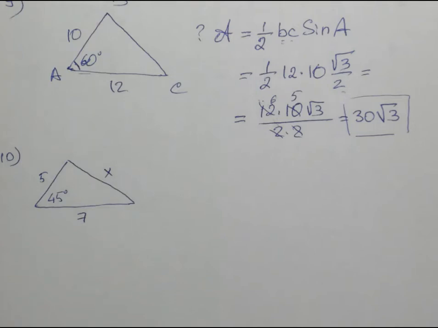And one more triangle. Again, we know two sides and the angle between them, and we want to find the third side. It is the case for the law of cosines.